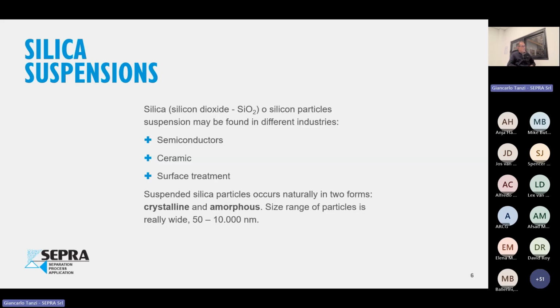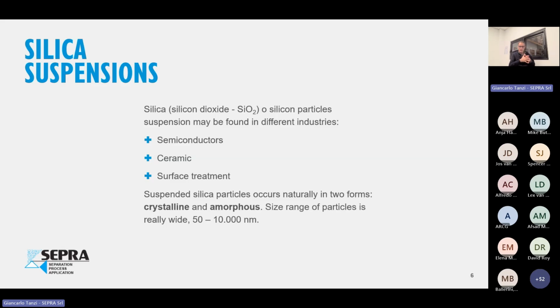And the topic that I'm approaching here is silica or silicon. It looks very special, but when you look around, silica or silicon particles are spread all over many different industries. You find water silica dispersions, silica suspensions, because obviously here we're not talking about reactive silica that is soluble.